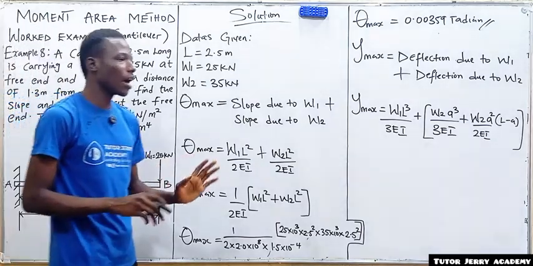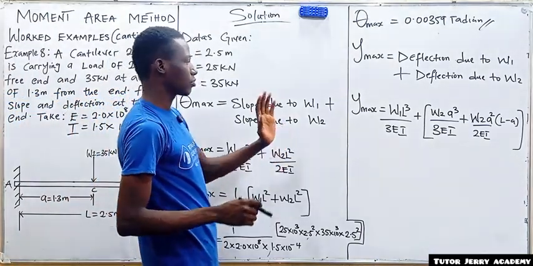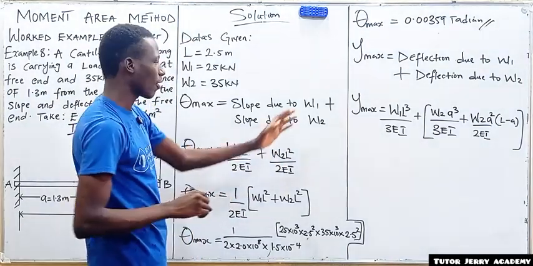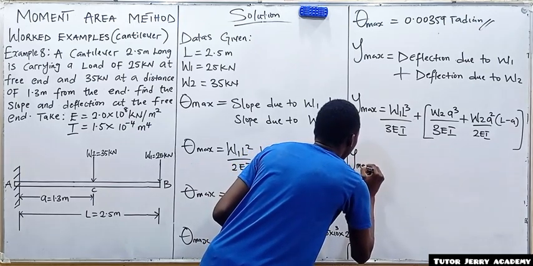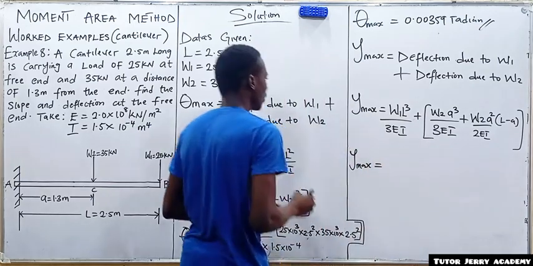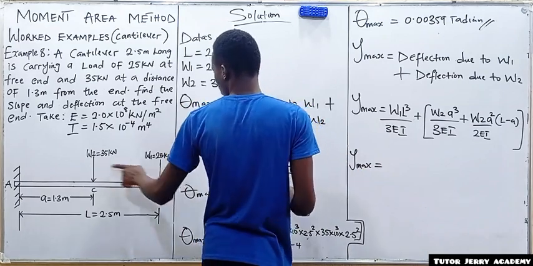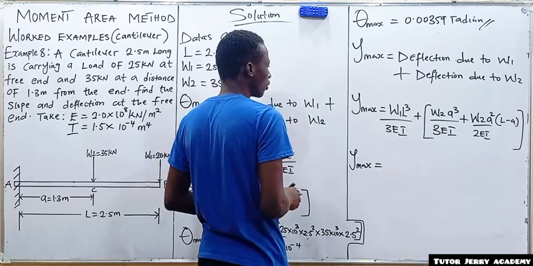So now we will go further to substitute our values and find our Y max. We have Y max equal to our W1, which is 25 kilonewton.